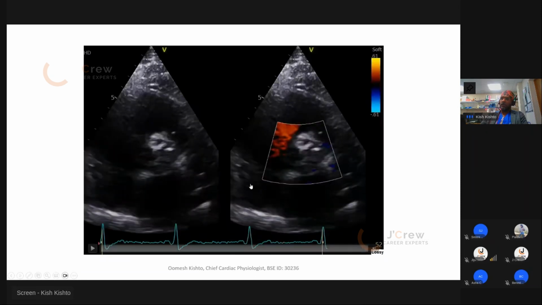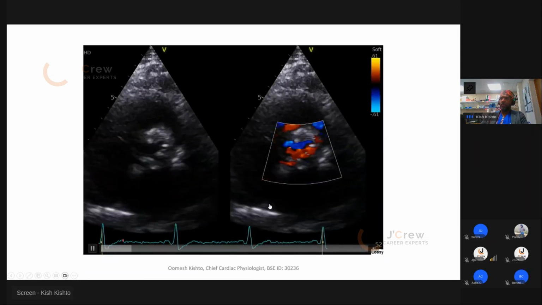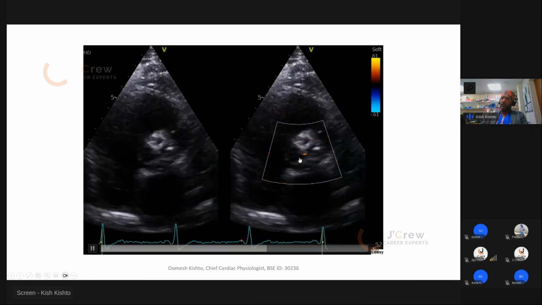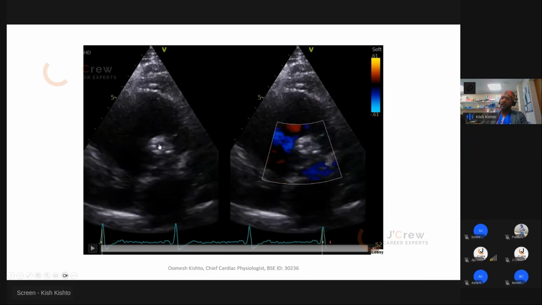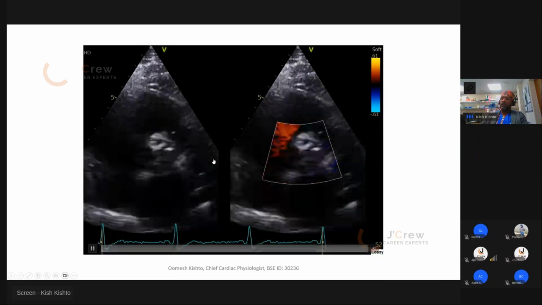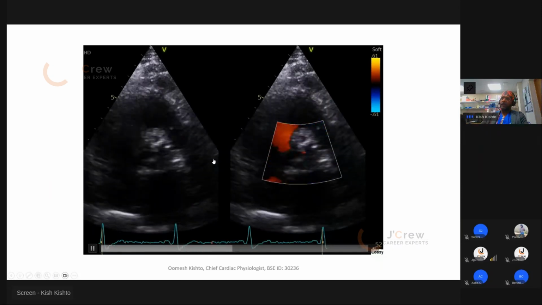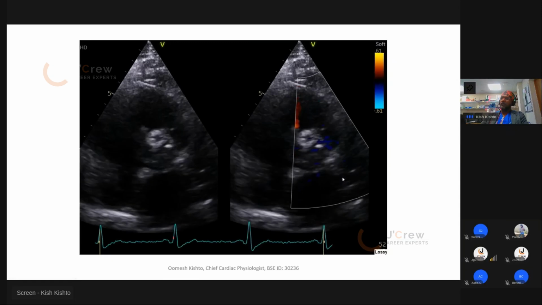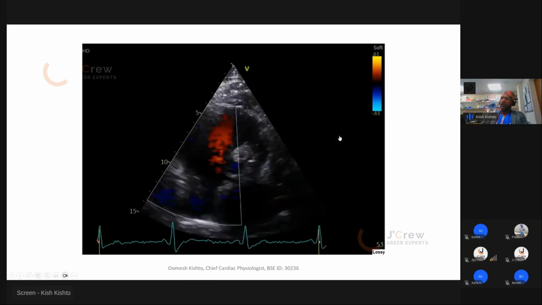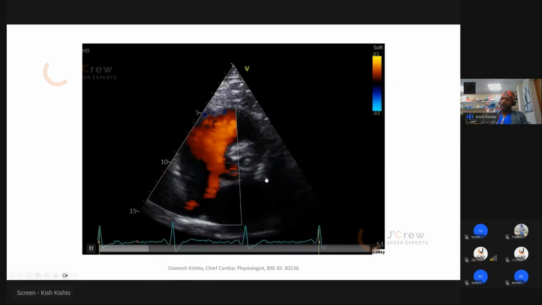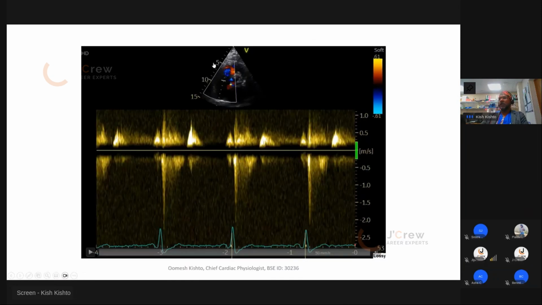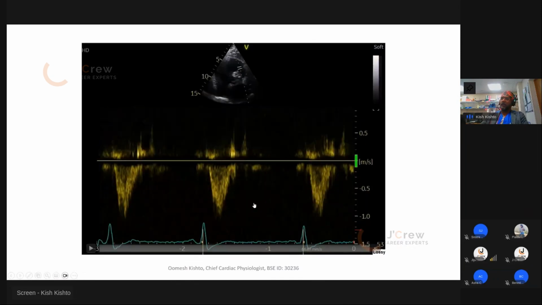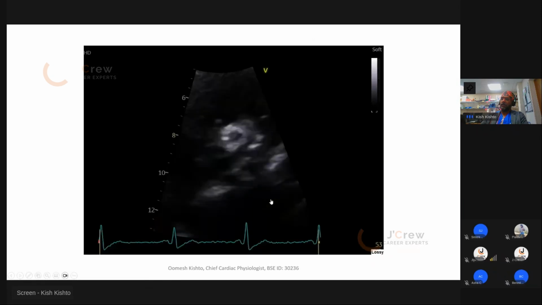Okay, color compare, and we can see a bit of the regurgitation coming there and all this calcification and thickening of the aortic valve. So we assess the PV there again and the tricuspid here, a CW to see for any regurg, and that's your PW there.